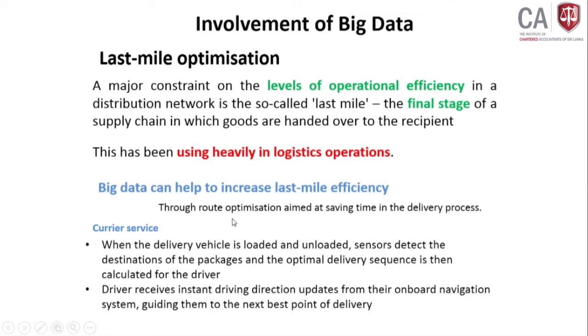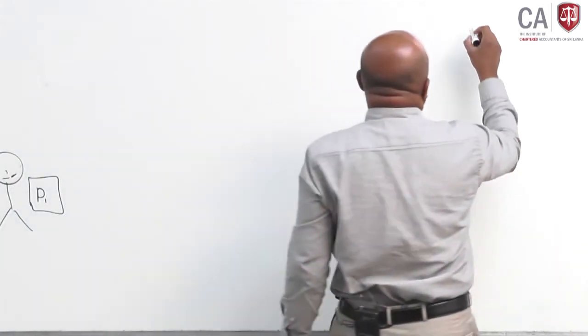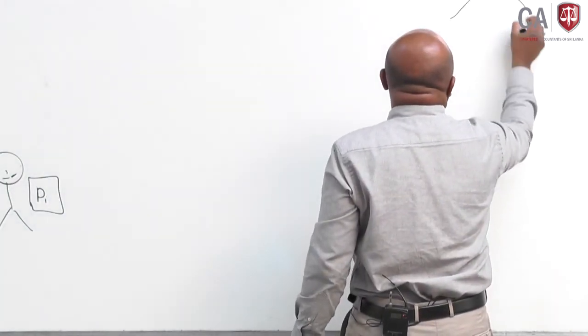So, we will explain it on the board. Last mile. So, you are here, and you are going to deliver some product. This is the product one. You are going to deliver it to, let us say, Australia.